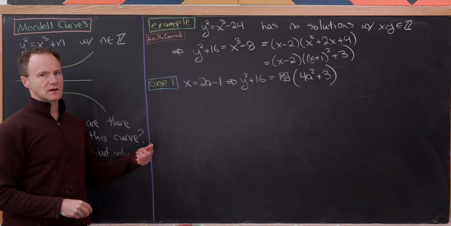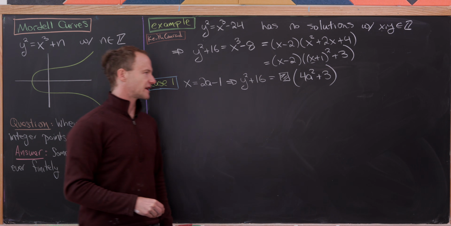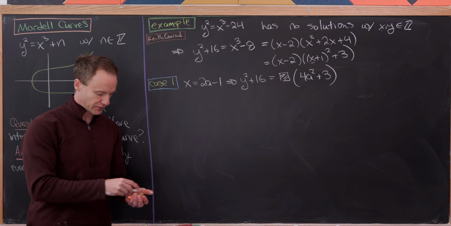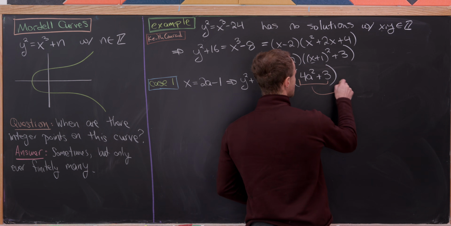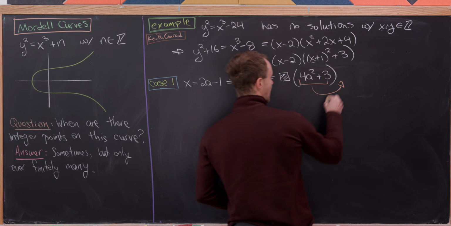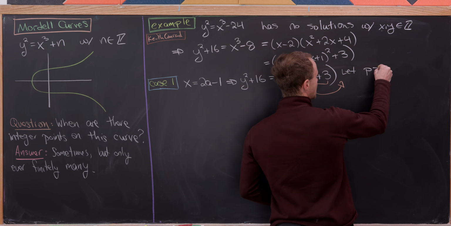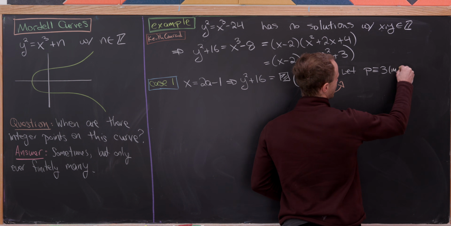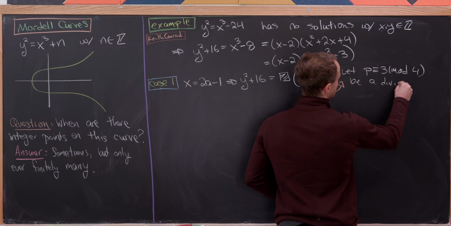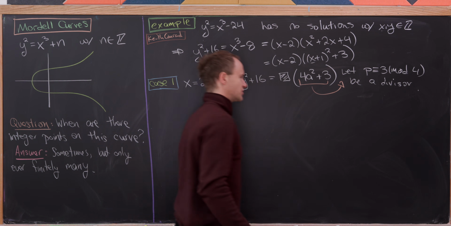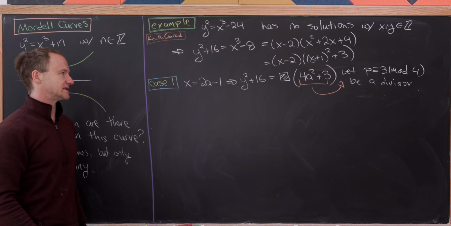But notice that this thing has a factor that's of the form 4 times something plus 3. So we can do the same kind of thing that we did before. Let p, which is congruent to 3 mod 4, be a divisor of this number, just like we did in the last example.